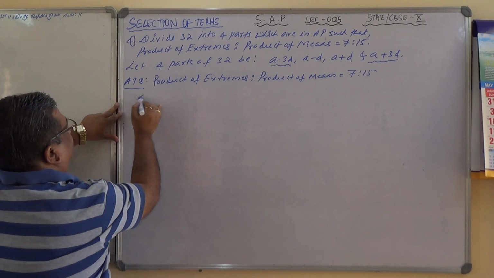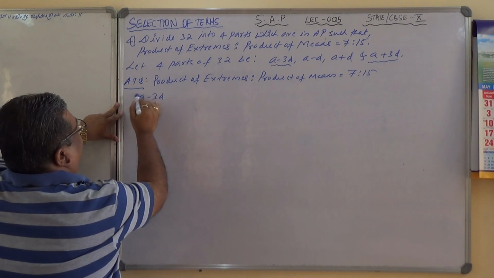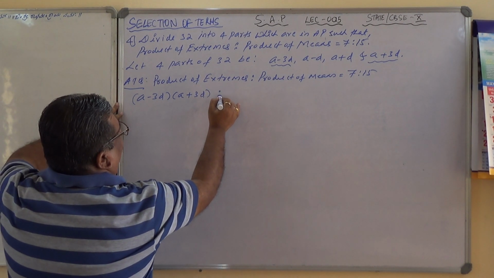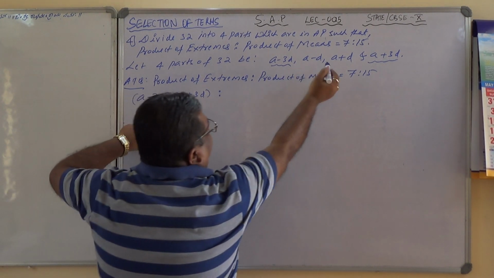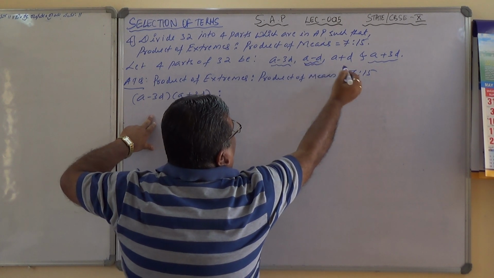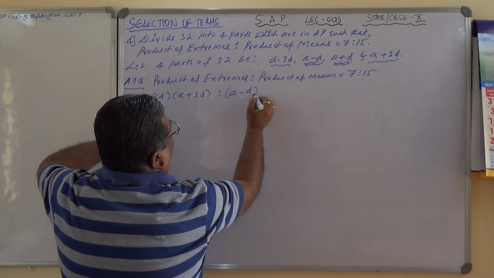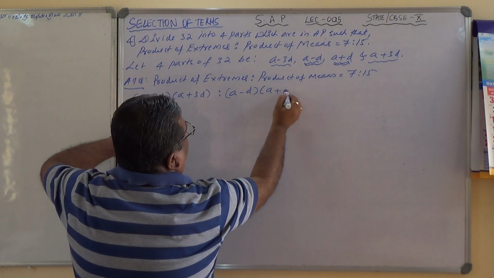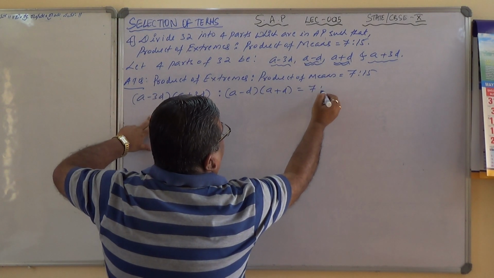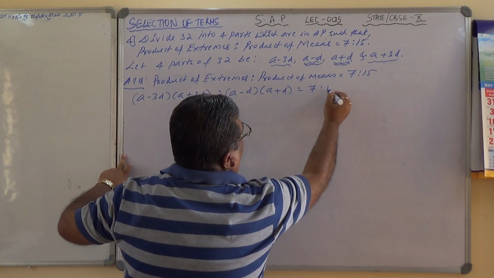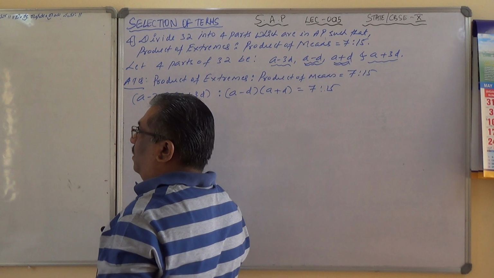Therefore their product, A minus 3D into A plus 3D, is to the product of means. These are the means here: A minus D into A plus D equals 7 is to 15.